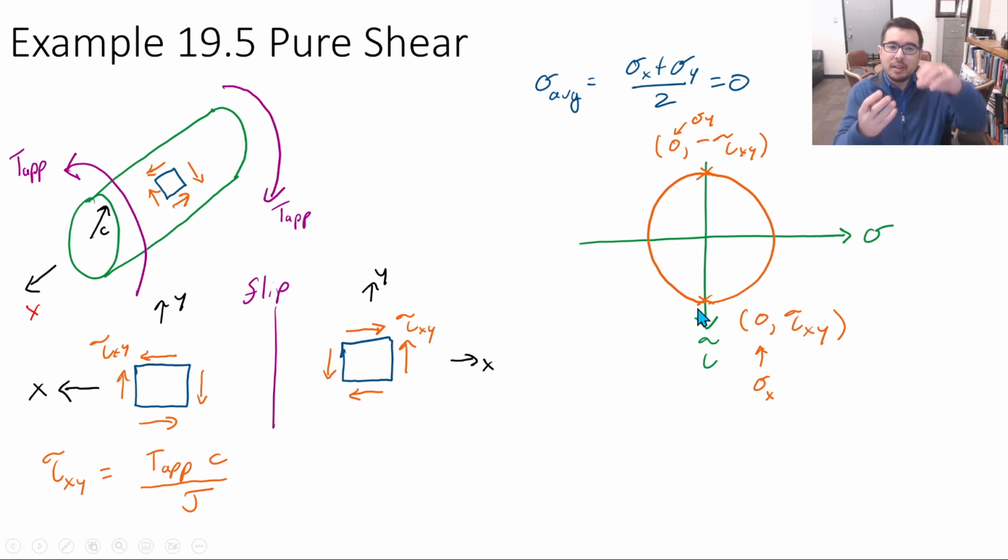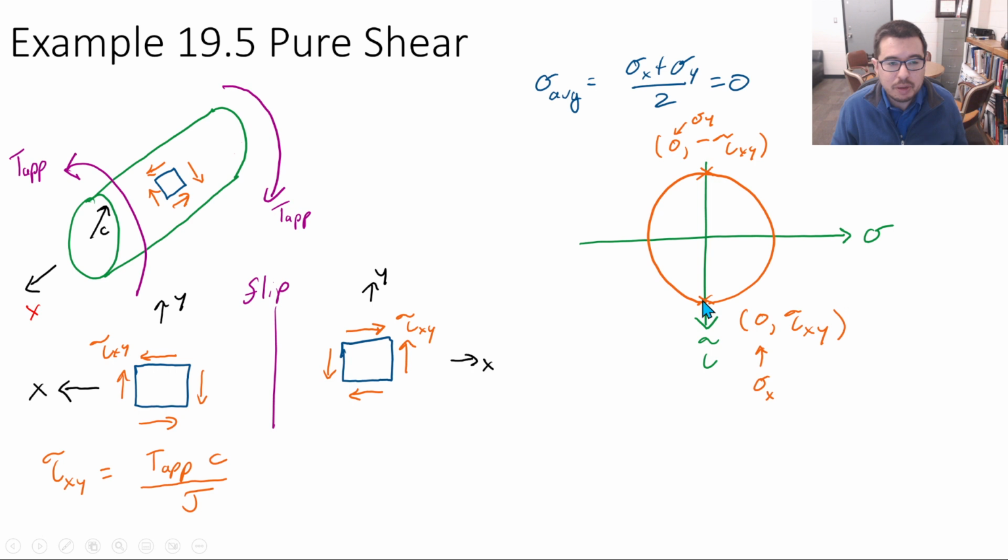So in the uniaxial case, where we were stretching it just a slide ago, we were set up for principal stresses. But in this case, with pure shear, we're set up for maximum in-plane shear stress. So like the opposite.